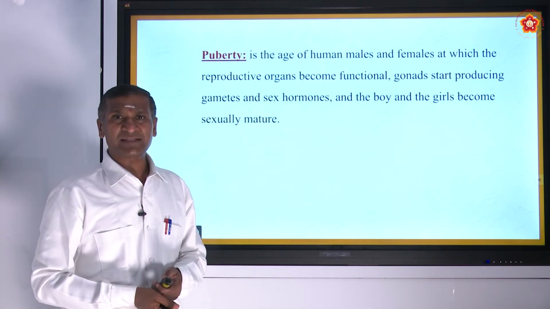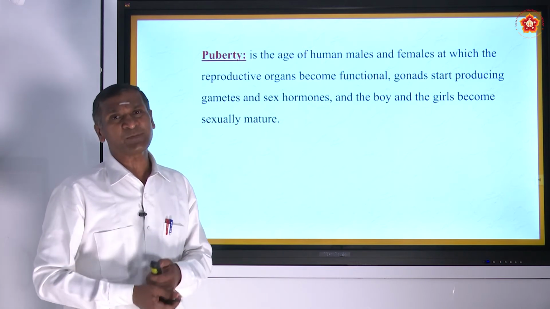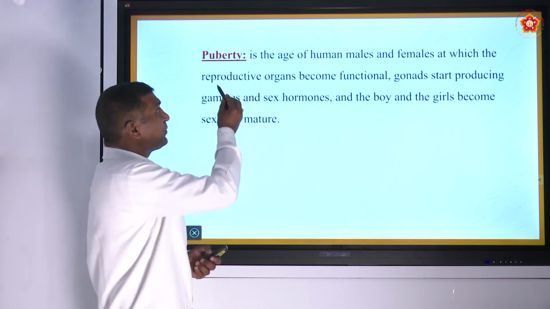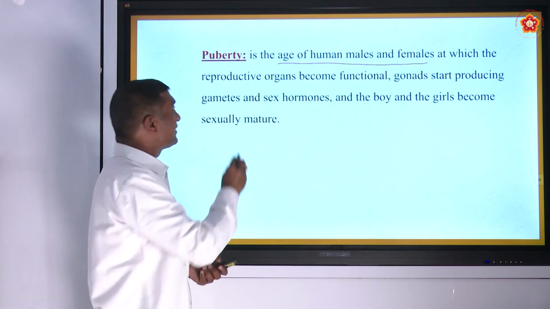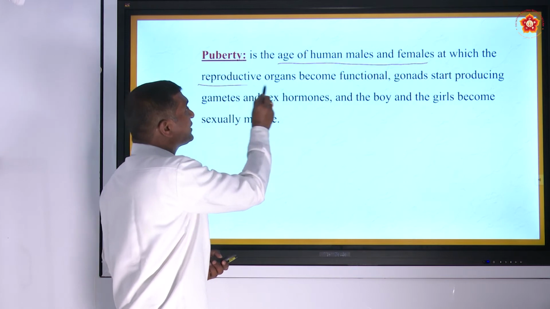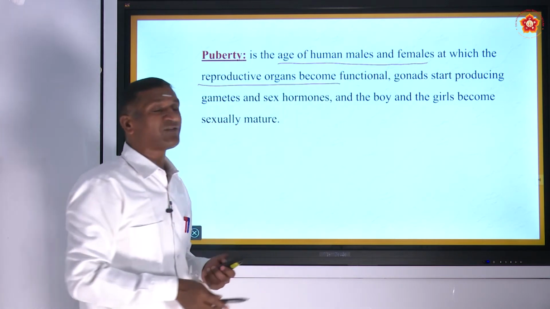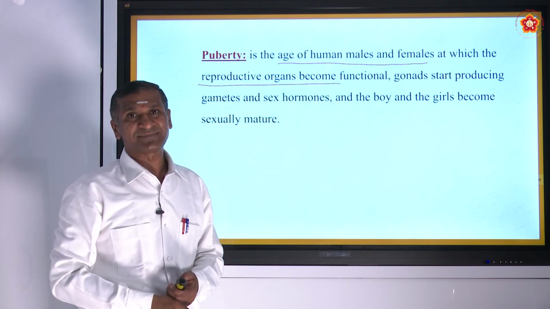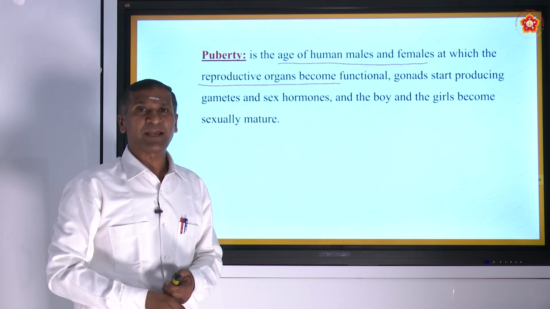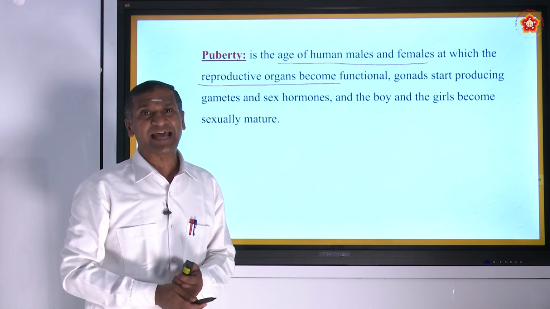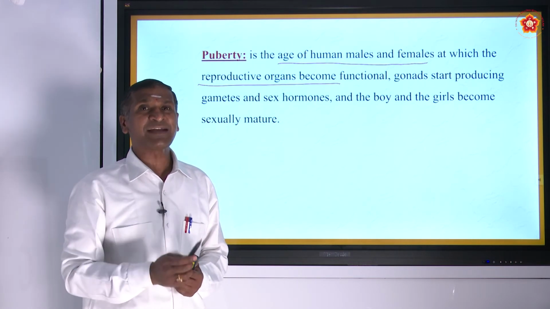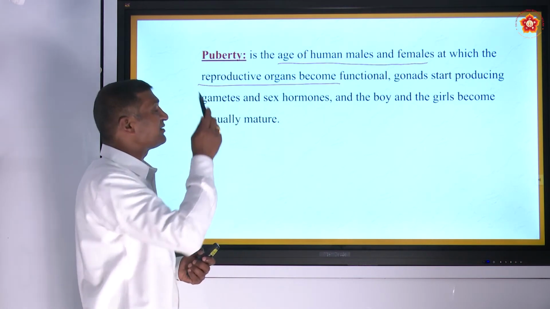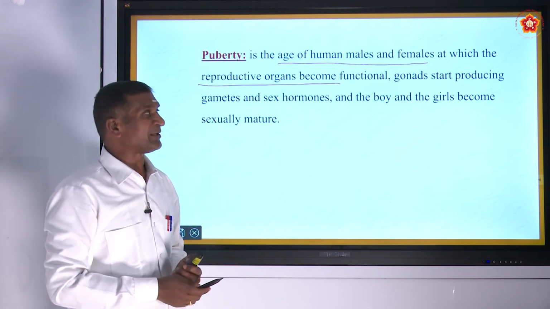What do you mean by puberty? Puberty is the age of human males and females at which the reproductive organs become functional. As we know, by birth the reproductive organs have grown, but they become active only at the stage of puberty.